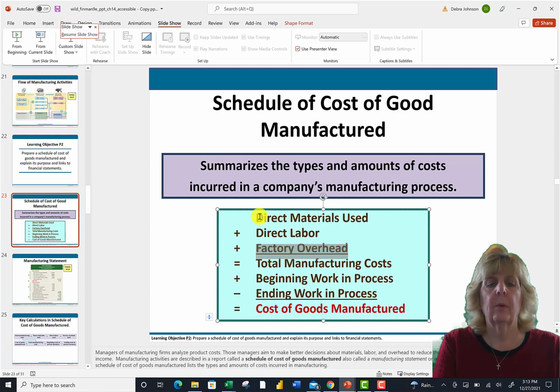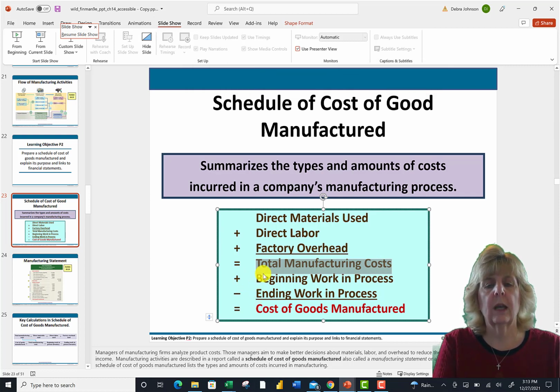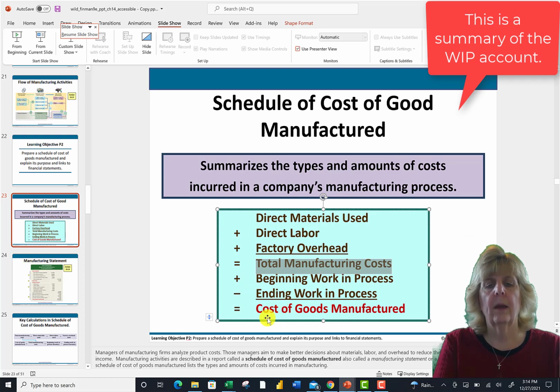We added up the 3 product costs, direct materials, direct labor, and factory overhead, and that gave us the total manufacturing costs. And then we tweaked it for inventory, which means we added the beginning WIP and we took out the ending WIP, and that gave us the cost of goods manufactured.